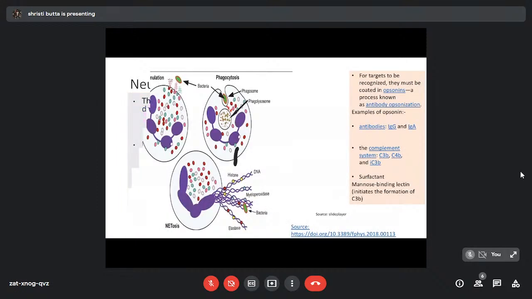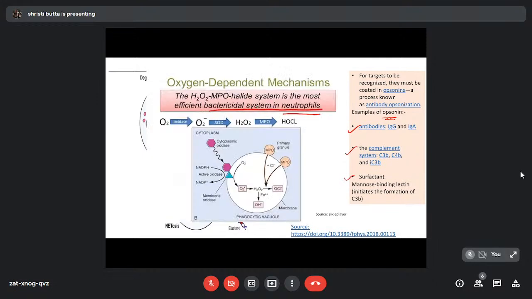Now coming to phagocytosis. As we all know, we have opsonins that coat the bacteria or the parasite, which can then be engulfed by the neutrophil. Antibodies like IgG or IgA, complement system proteins like C3b, C4b or iC3b, and surfactant mannose-binding lectins, which all initiate the formation of C3b, can act as opsonins. Once opsonized, they are phagocytosed and subsequently undergo the H2O2-MPO-halide system type of bactericidal action that happens in the neutrophils.